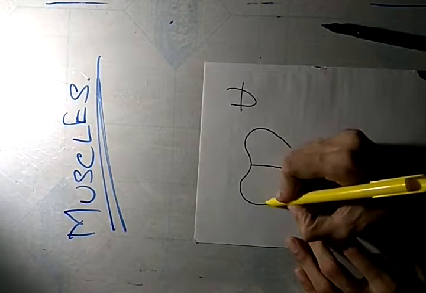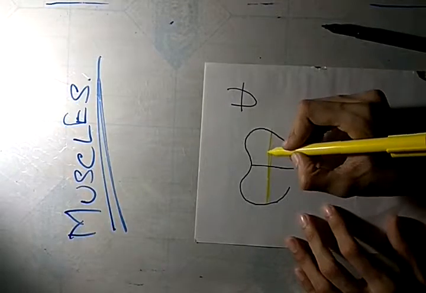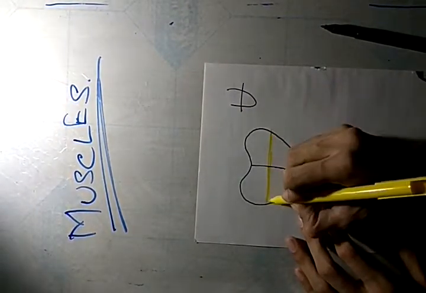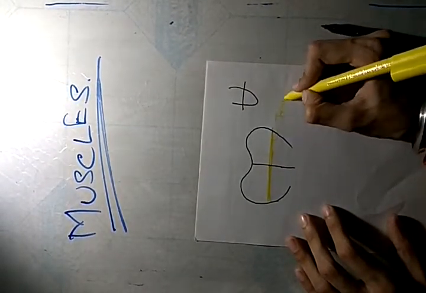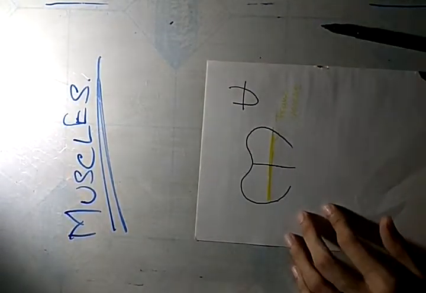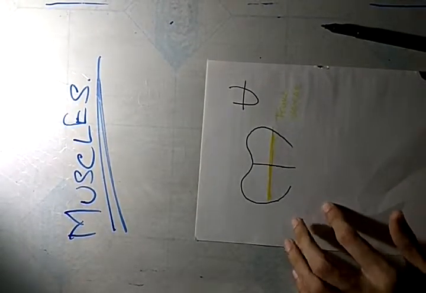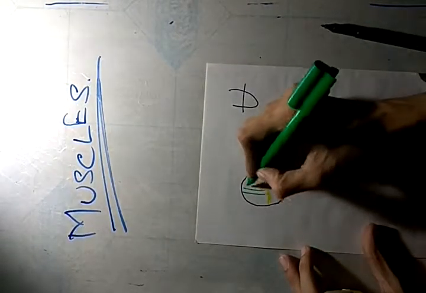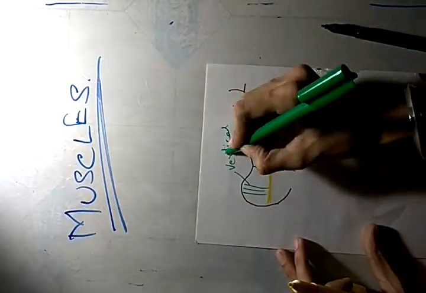Transverse muscle is something, as the name suggests, transverse. I think it is visible to the camera. Yes, it's visible. This is a transverse. Then we have a vertical muscle, as the name says, vertical.